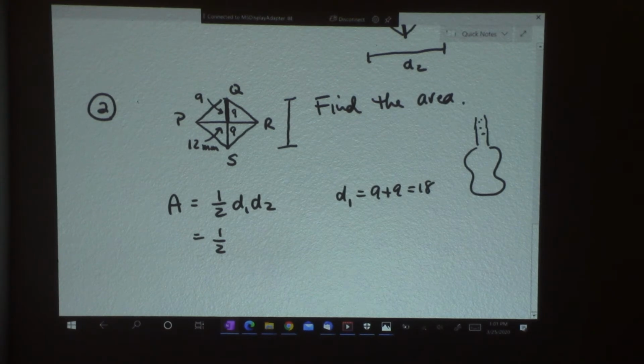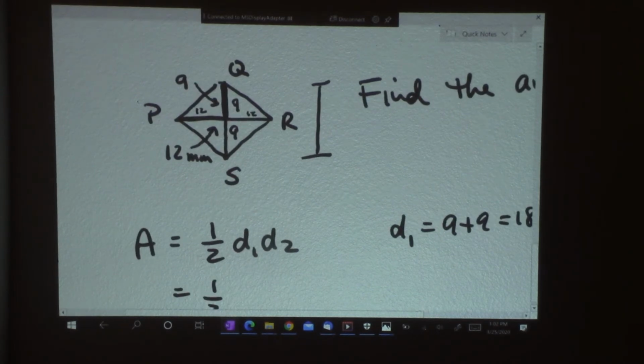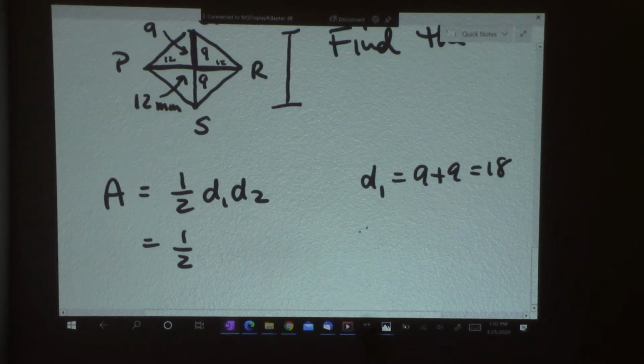And then this partial segment here is 12. So D2, this is 12 here, and this is 12 over here. Hope you can see that okay. All right, so D2 would be 12 plus 12. Sorry about that, I didn't see that in the picture.